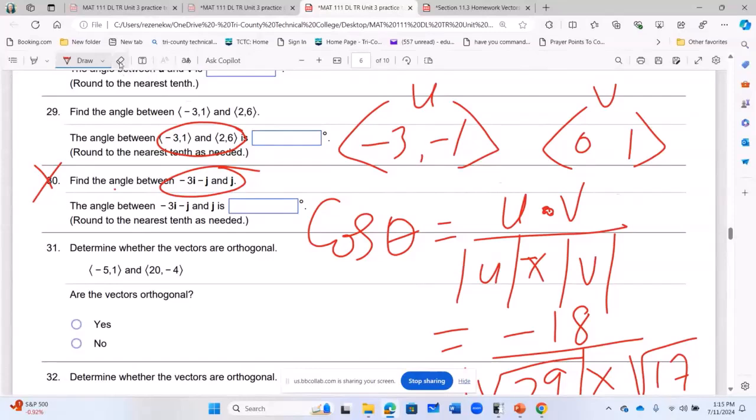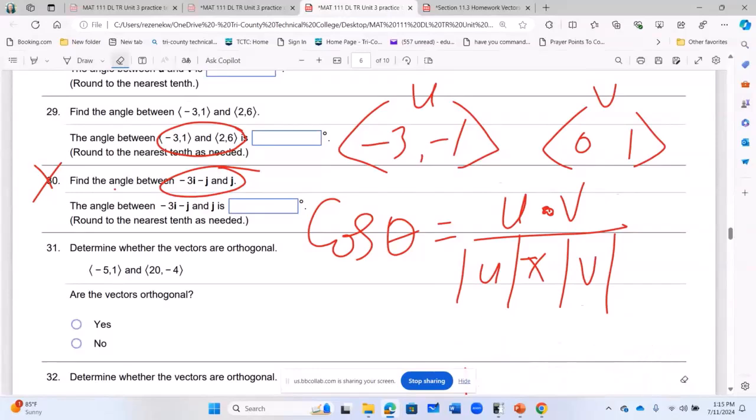Okay, so now we are going to find the dot product and decide whether the angle is 90 degrees, because if the dot product is 0, the angle is 90 degrees. So let's find it. In the numerator, I have -3.